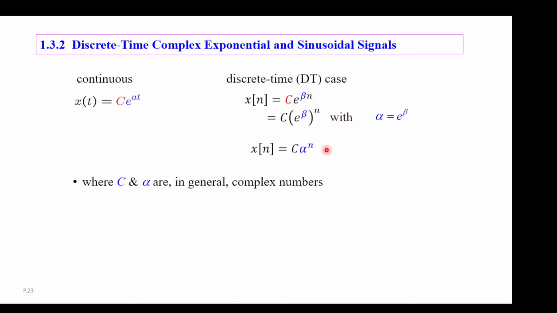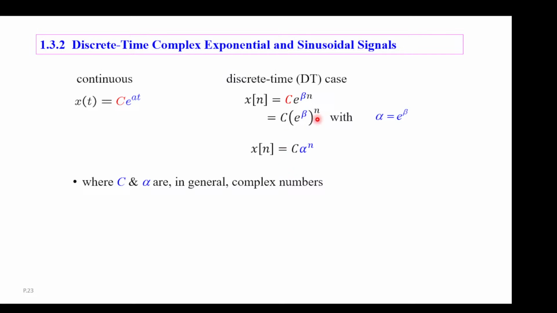So for now it's similar, but we'll define alpha equal to e to the beta. Yeah, we'll see why this is useful. So we say e to the beta equals some alpha, and our x of n is c times alpha to the n.